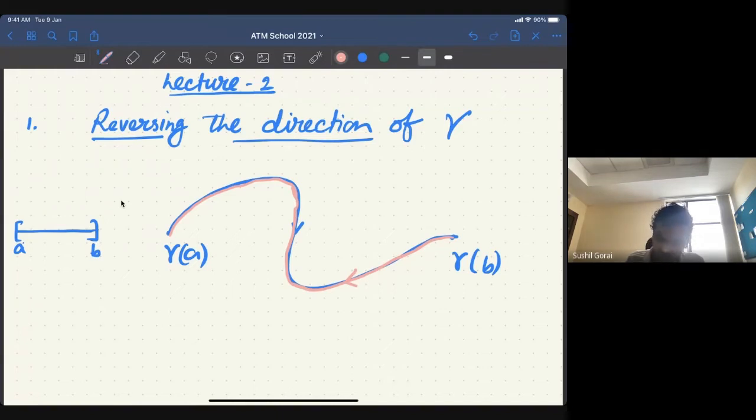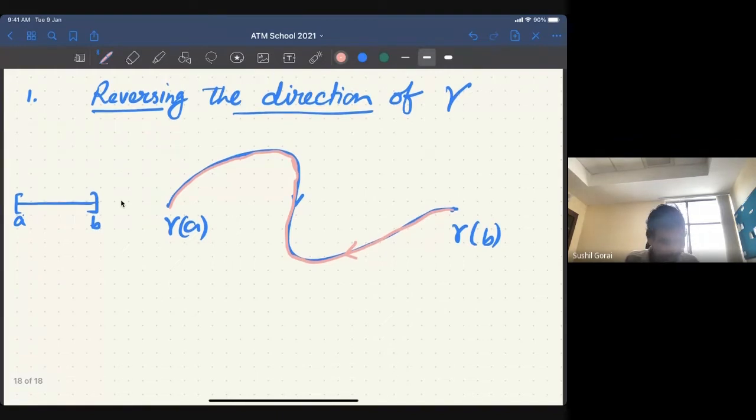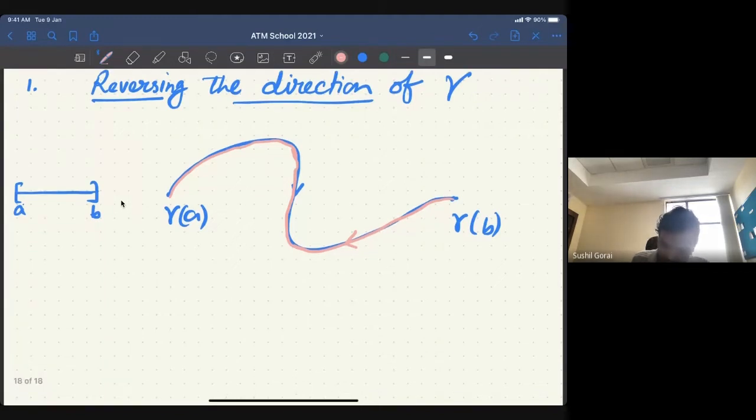So here it actually reverses. That is what it means to be reversing the direction. Let me make it precise.